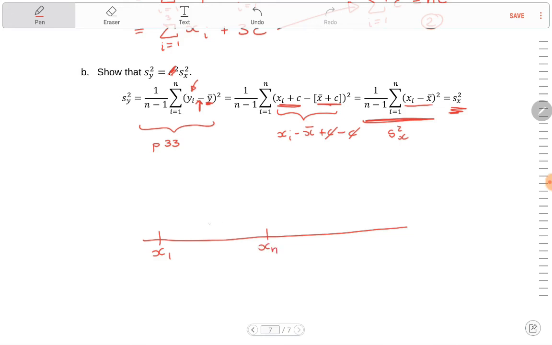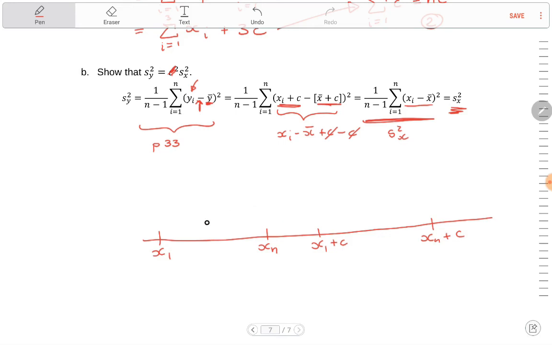They're saying that if all of these values are shifted, let's say now you have x1 plus c by some constant, and then xn plus c. So to all of them, you've added c.